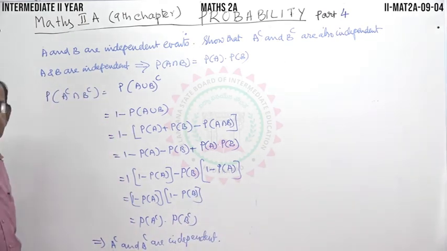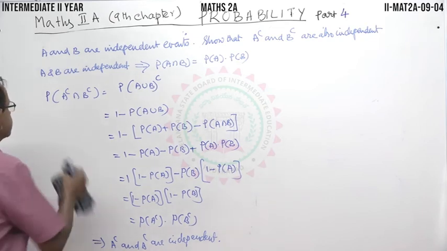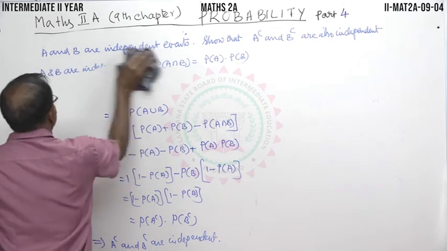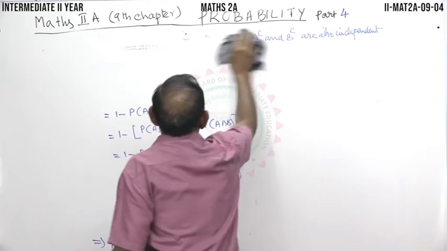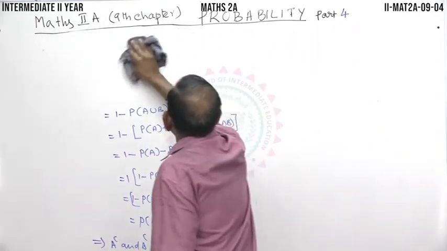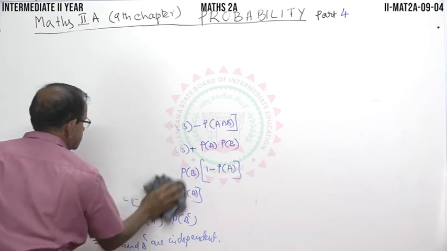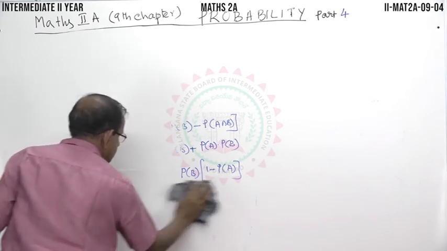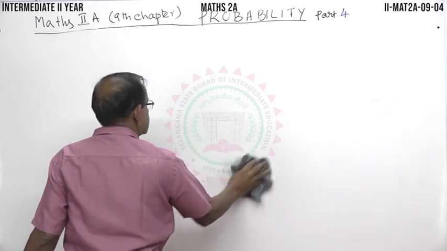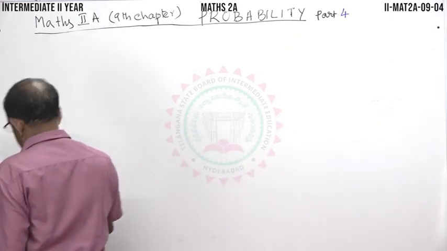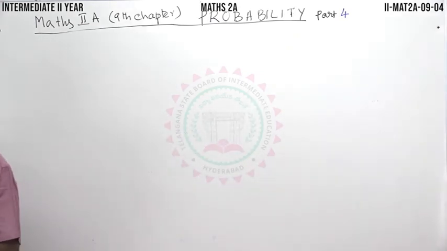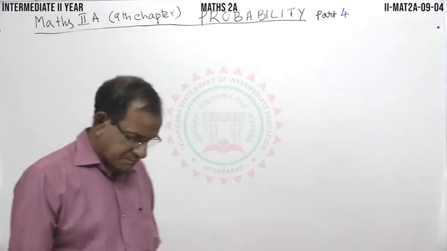Now we have shown that these two events are independent. Now one more sum.